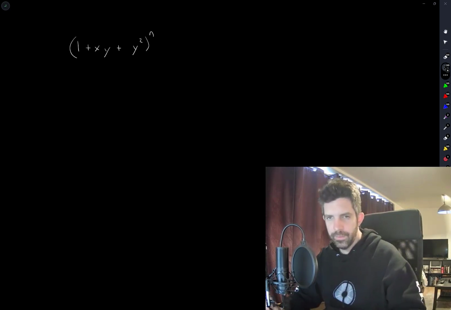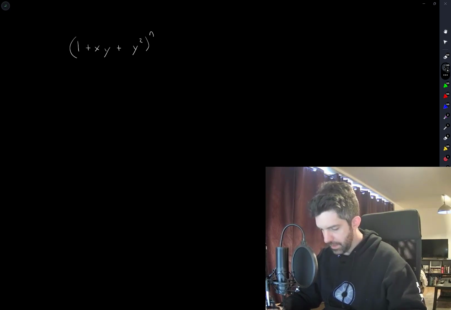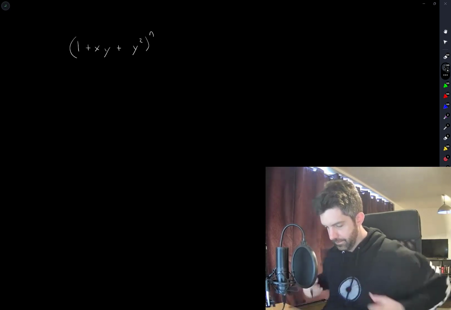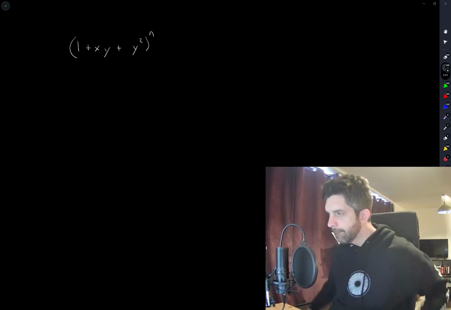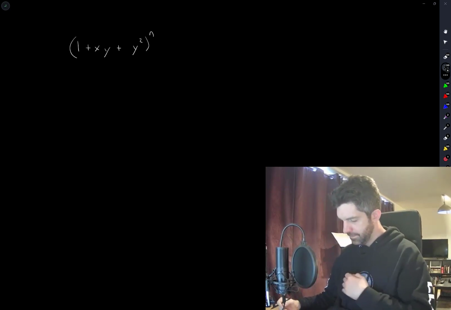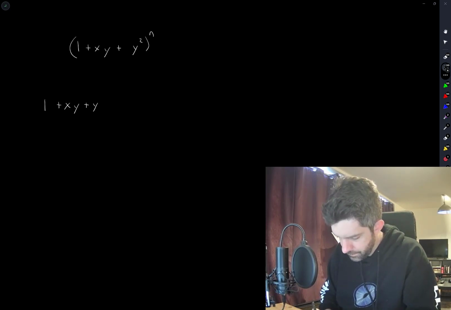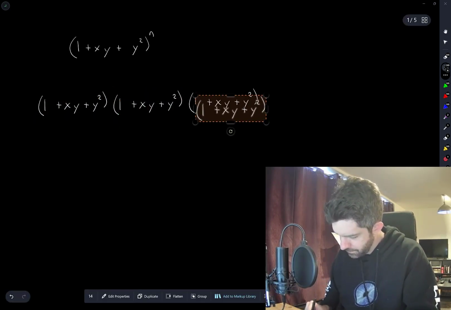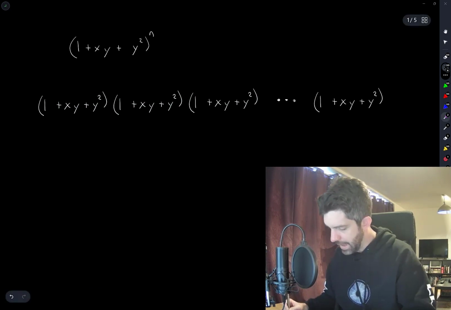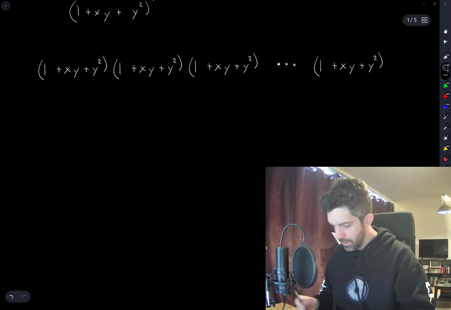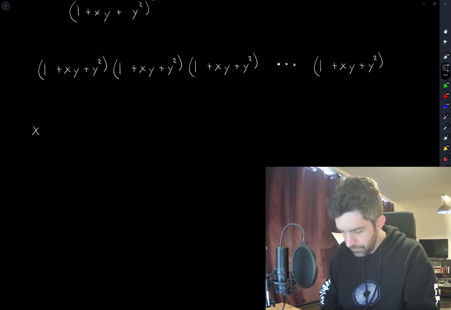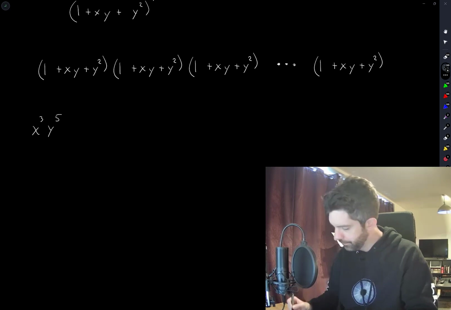So, yeah, this might end up being a bit of a combinatorial problem, because if I have multiple copies of this thing, so in total there are n copies here, I'm worried about the result of the coefficient x cubed y to the 5.